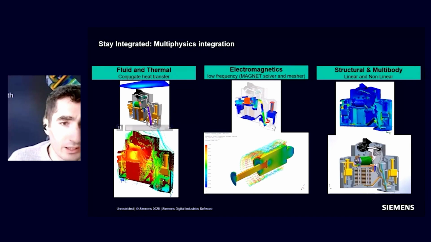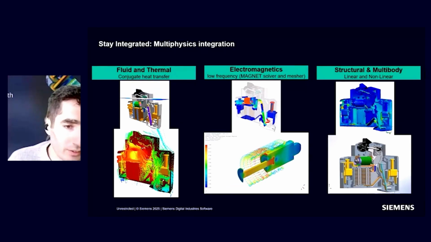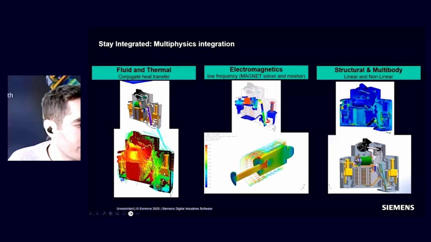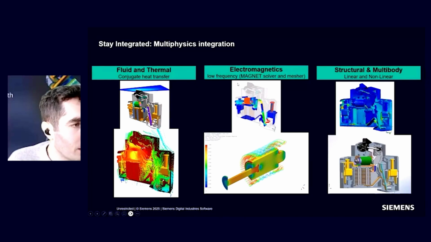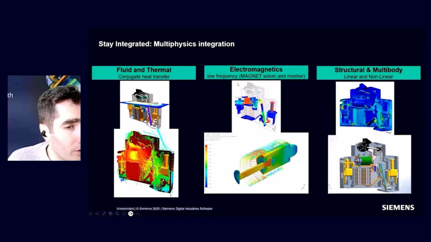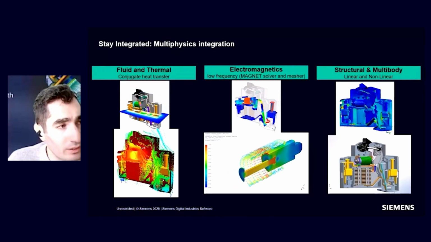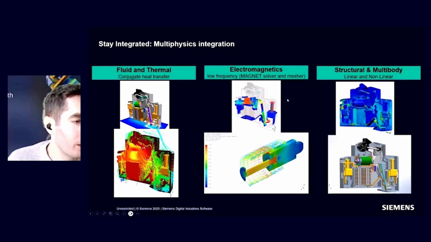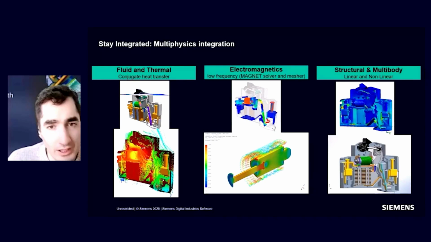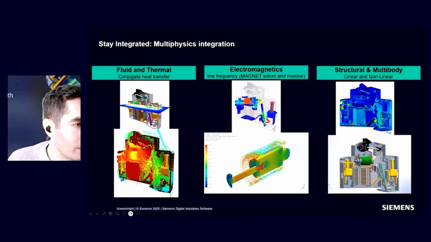We can analyze how the fluid and thermal temperatures affect your device. Example here. Then we can have co-simulations with the electromagnetic solver. So we can study how the electromagnetic losses increase the temperatures in your device.